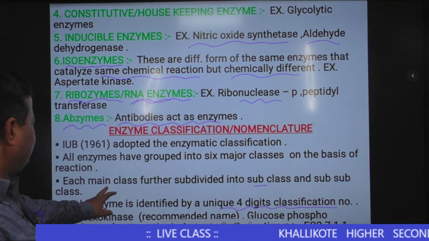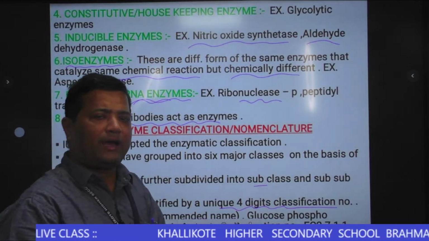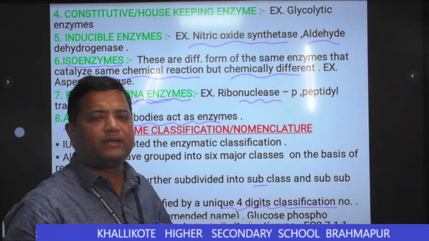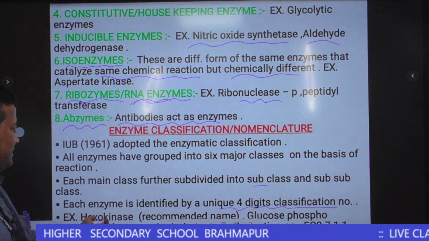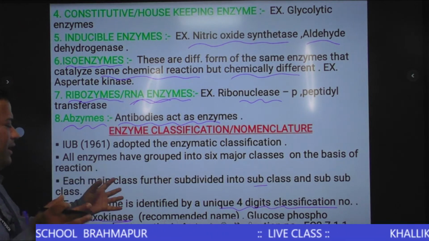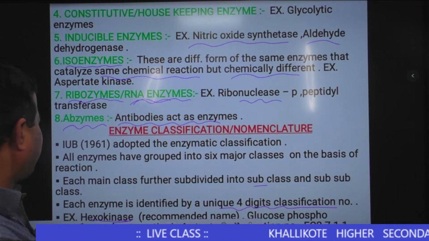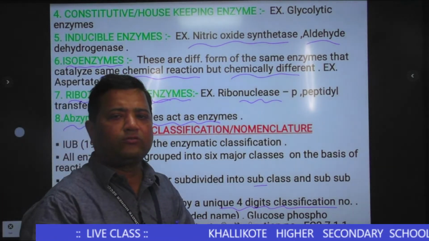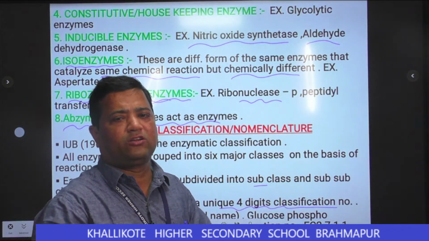For example, each enzyme has 2 names. One is the recommended name, another is the systematic name. Suppose, for example, hexokinase enzyme. Hexokinase is the recommended name, but glucose phosphotransferase is the systematic name.